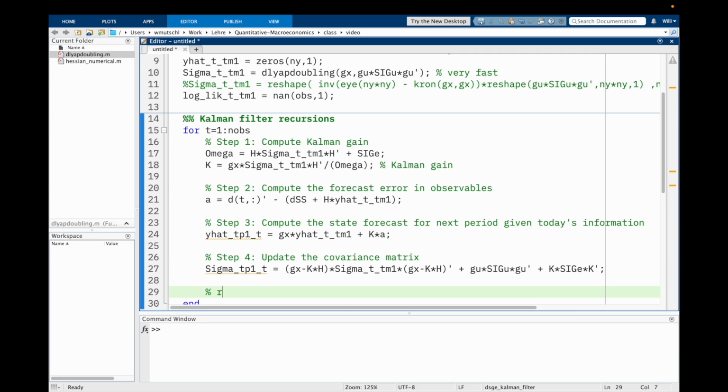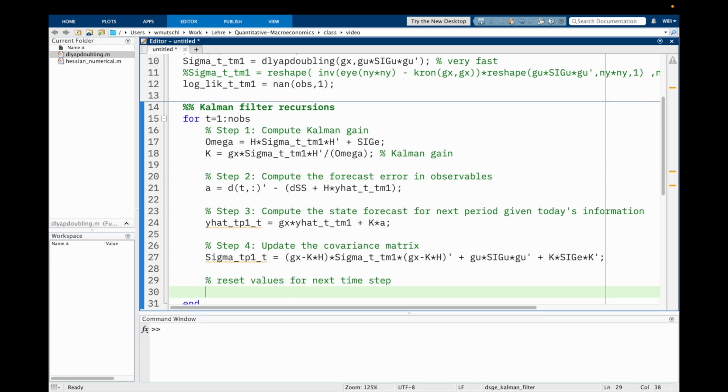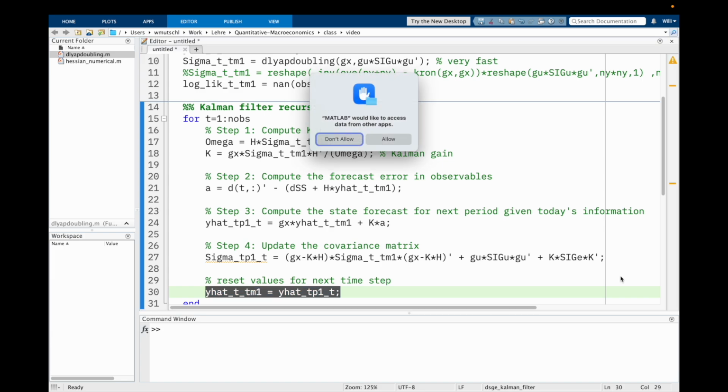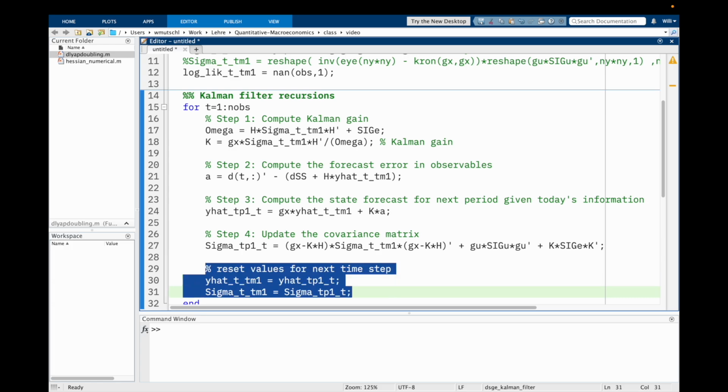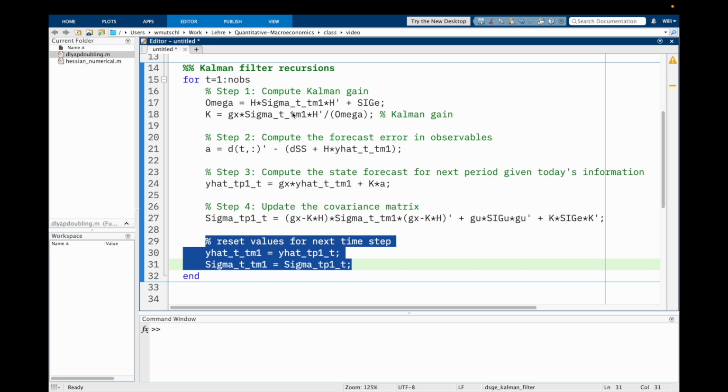Okay, so the trick, let's reset the values for the next time step, meaning y hat t given t minus 1 becomes y hat t plus 1 given t, and the same for sigma. If I put this as the last lines of the for loop, it's going to use that correctly for the next time step.